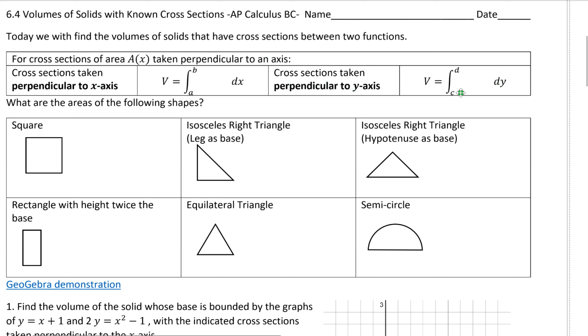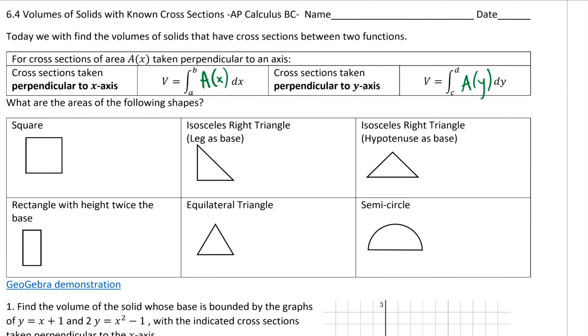So that's why there's a and b here and c and d here. I decided to choose different letters. So for the first one we just have to put A of x in here because this represents the height of our three-dimensional object. So we just need A of x in here. That's great. And this one will need A of y.